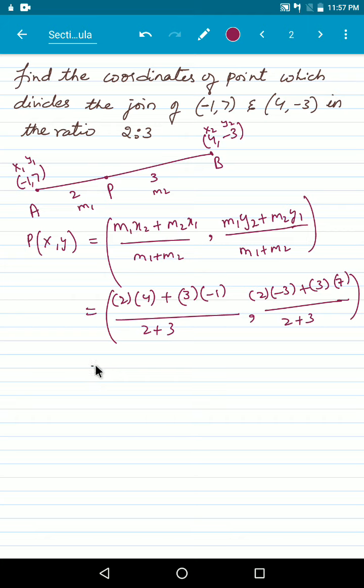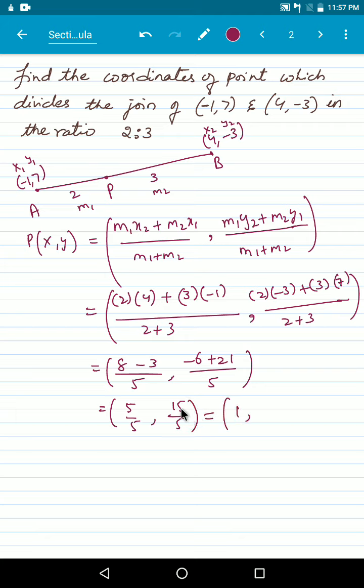Be careful while substituting the values. So it is 8 minus 3, 3 ones is 3, divided by 5, comma, 5 here. 2 3s is 6 with minus sign, plus 21. So this is 5 by 5 comma 15 by 5. 5 by 5 is 1, 15 by 5 is 3. So 1 comma 3 is the value of P, or the coordinates of P.